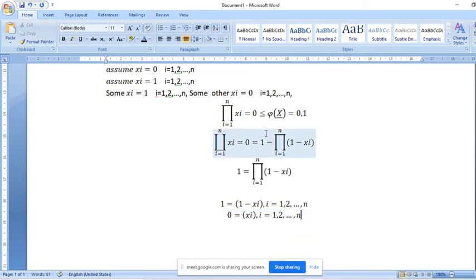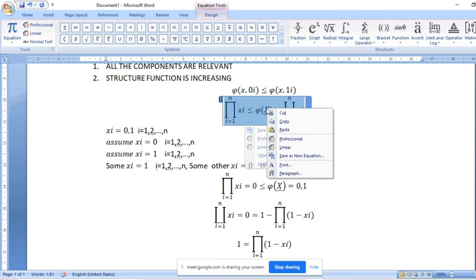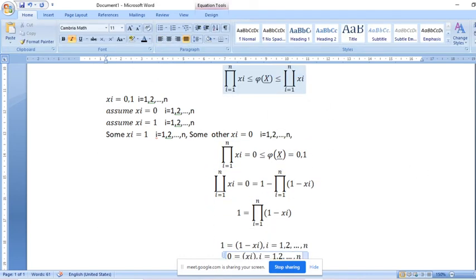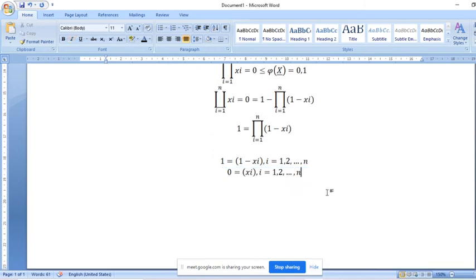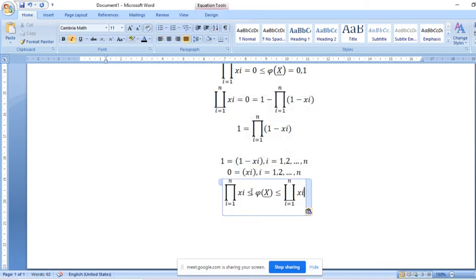When all xi's are 0, phi of x will be 0. So we can ensure that when this is equal to 0, then phi of x is automatically equal to 0.